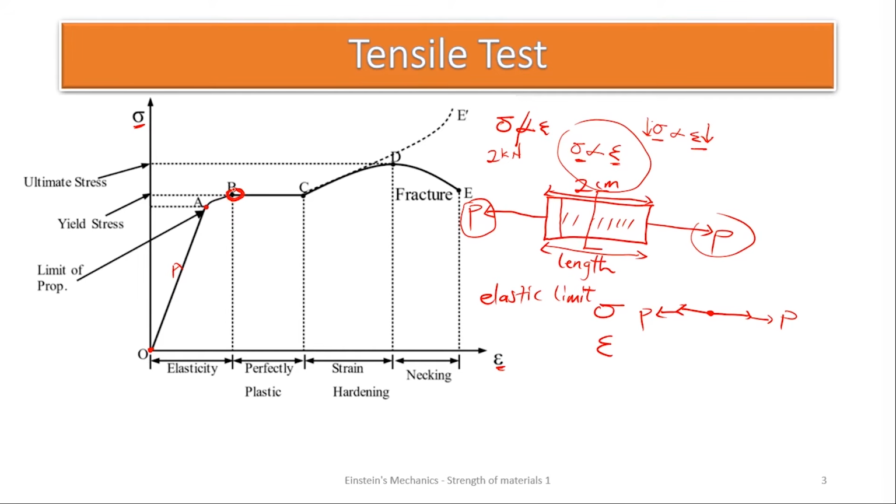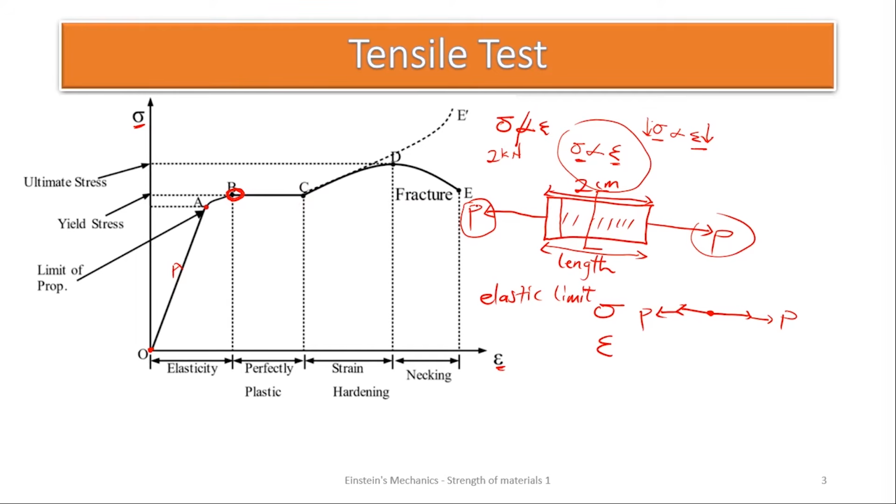And let's look at here. From B to C, there is something happening. Beginning at this point, considerable elongation occurs with no noticeable increase in tensile force from B to C. So in the diagram, we can see that from B to C, there is an elongation going to happen.